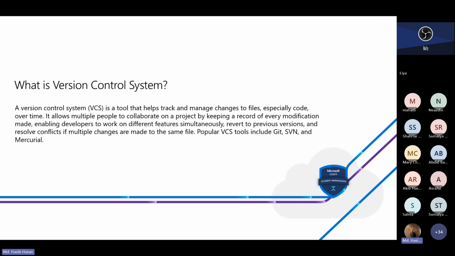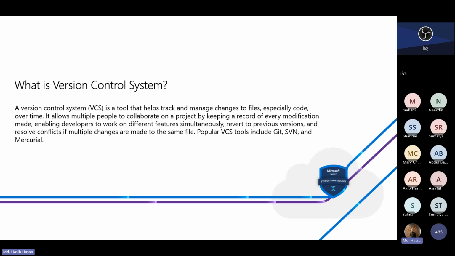So now you want to go back to the previous version or the previous code you had, where there are no bugs. So a version control system helps you to revert to the previous code, and you can fix the bugs from the version control system.